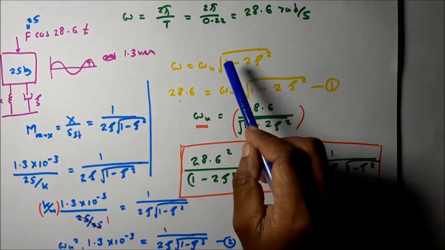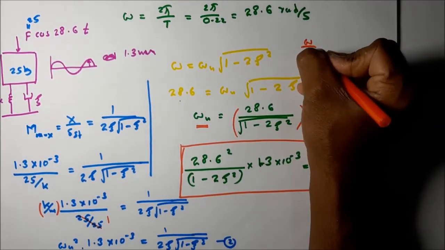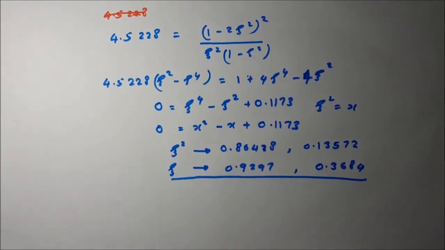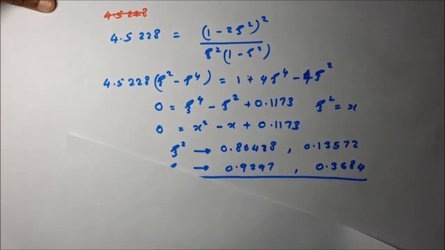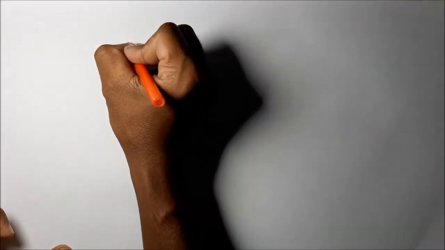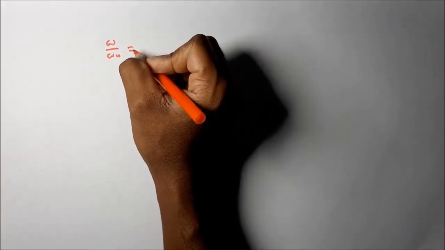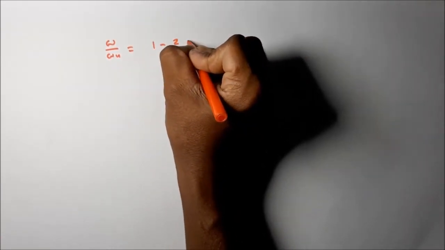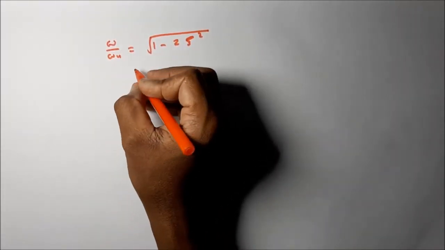Omega divided by omega n is equal to the square root of 1 minus 2 theta square. I will write that equation. I am going to use that equation to find the correct value for this theta. In this problem, omega divided by omega n, from equation 1, is the square root of 1 minus 2 theta squared.